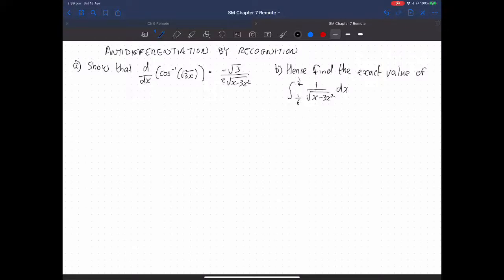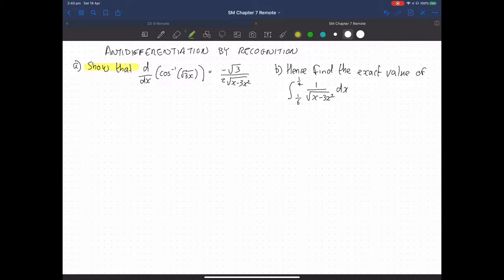In this question, we're going to do anti-differentiation recognition. In this case, you're being asked to differentiate an expression and you are told what the answer is. So you're asked to show that the answer is correct.